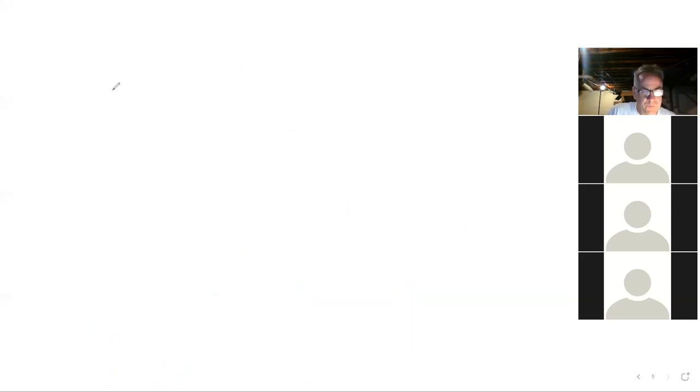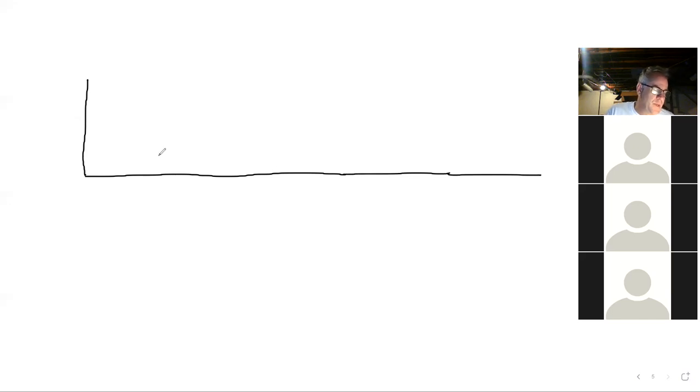So I'm going to draw a little graph like that. This is a horizontal axis, but on this I'm going to have Big Bank here and Best Bank here.